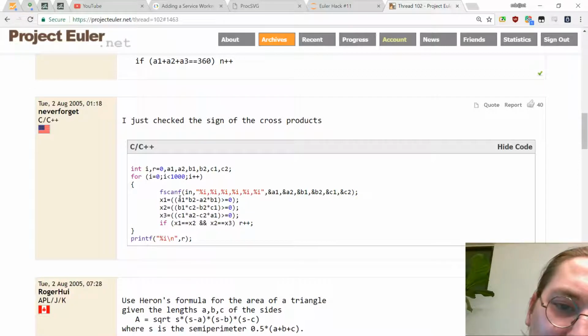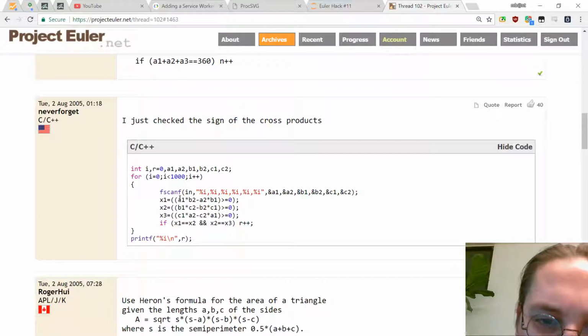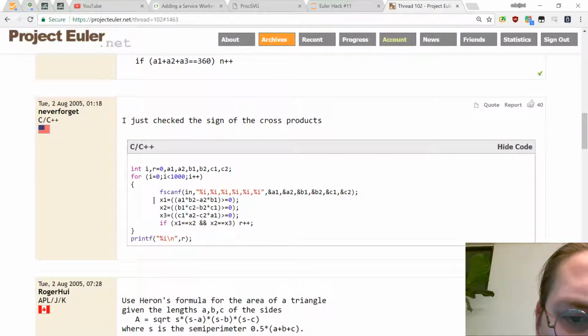What is he constructing here? So if all cross products are equal to each other. Ah, no, greater than 0. So these are all Booleans. So they're either all true or they're all false.